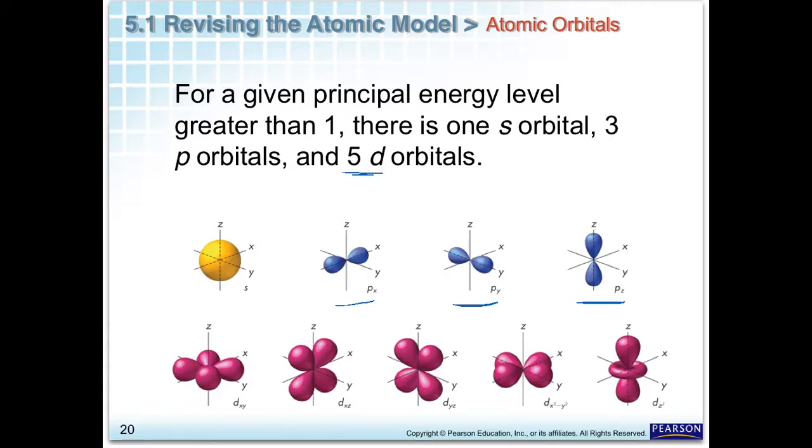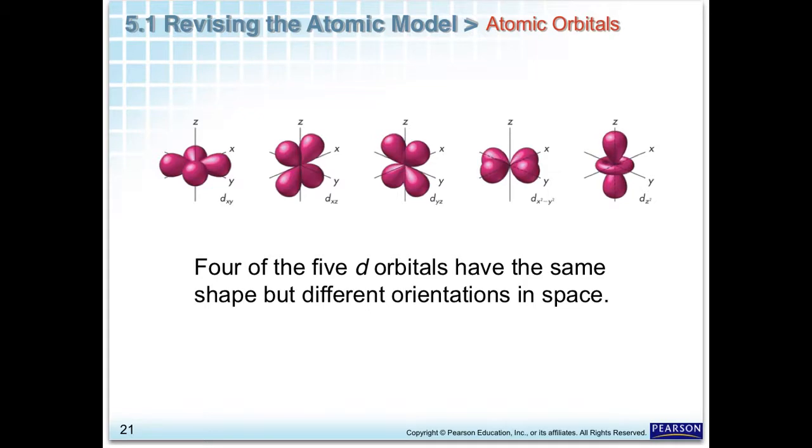You can see that 4 of them have almost a clover shape, oriented in 4 different locations in space, and then the 5th one looks really funky. The 5 d orbitals again have different orientations in space, even though 4 of them have the same shape.